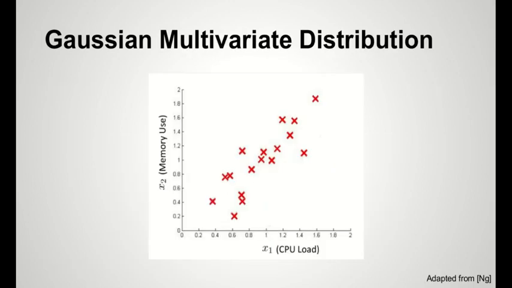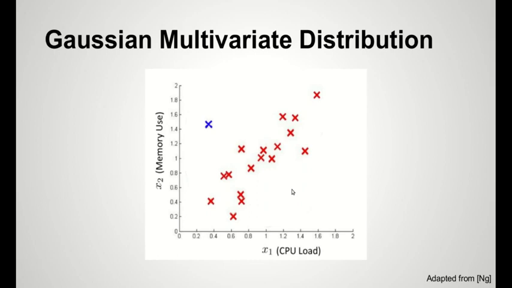But what we would really like to see was something more like that. We would like to be able to have a different shape here to be able to predict this as an anomaly and this as normal, non-anomalous data. So how do we do that?